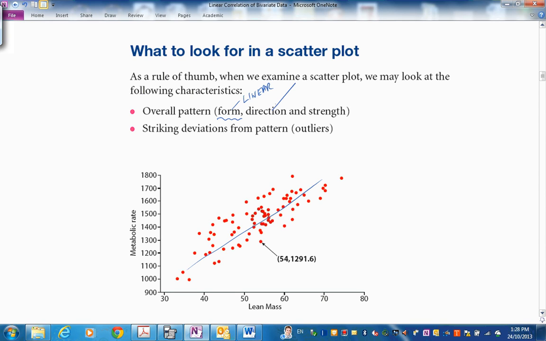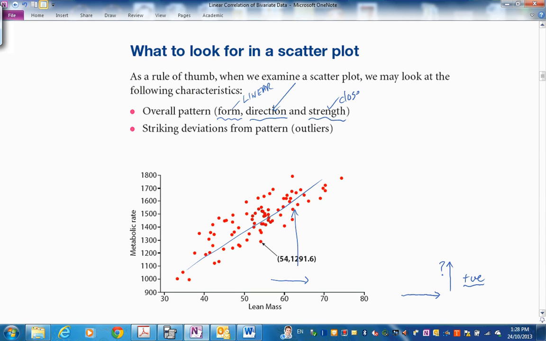And the direction, what's that? Well, we say as the independent variable increases, what is happening to the dependent variable? It is also increasing. So that's going to be a positive pattern or correlation. And the strength we're going to come to later. How strong is the pattern? As we move along here, how well do these follow the pattern of change? How close to the line are the points?